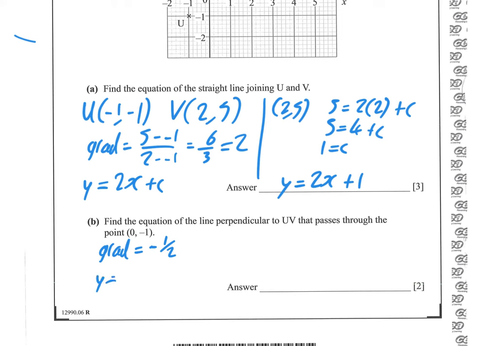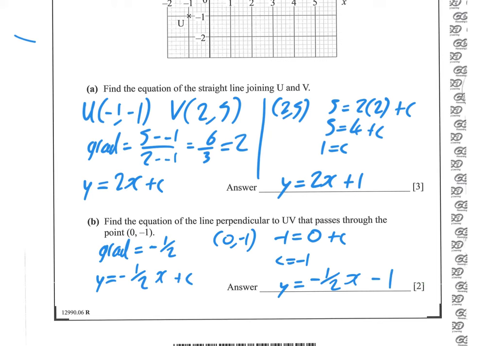So far, y is equal to -1/2 x plus c. Then you sub in your point 0, -1. So when x equals 0, y equals -1. So -1 equals -1/2 times 0, which is just 0, plus c. So your c is equal to -1. So your line is y equals -1/2 x minus 1.